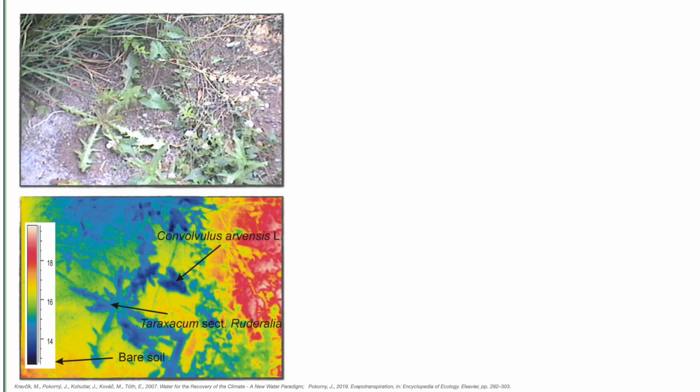We can take a look at these different situations in order to make the processes a little bit clearer. On the left is a picture with some bare soil, a dandelion and some grass. The top image is a normal shot, the lower one is an infrared image. If we look at this little dandelion in the upper picture, we can see in the lower picture that it has a temperature of about 13 degrees, corresponding to the blue color.